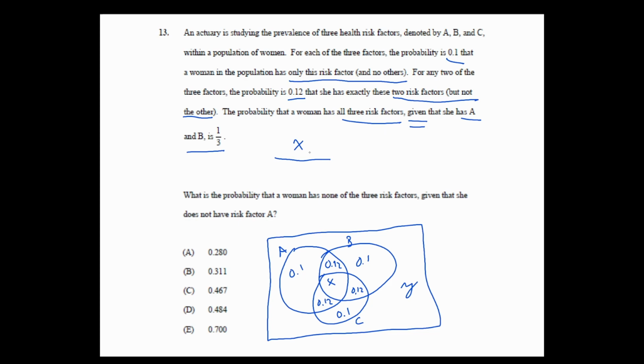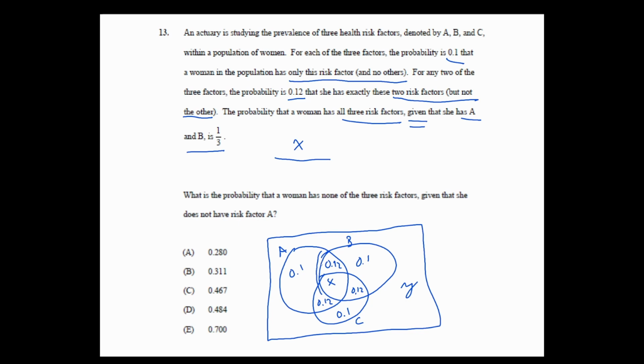So given that she has A and B means that she has at least two risk factors, maybe three, but we don't know.